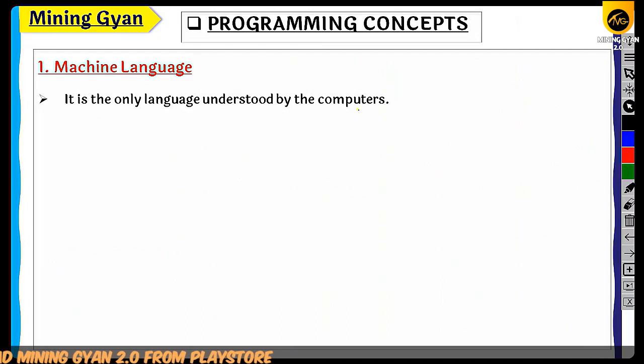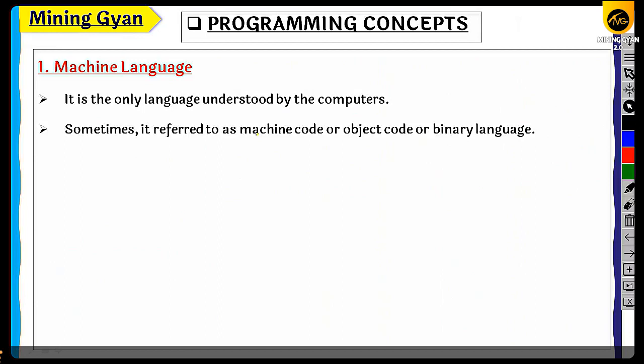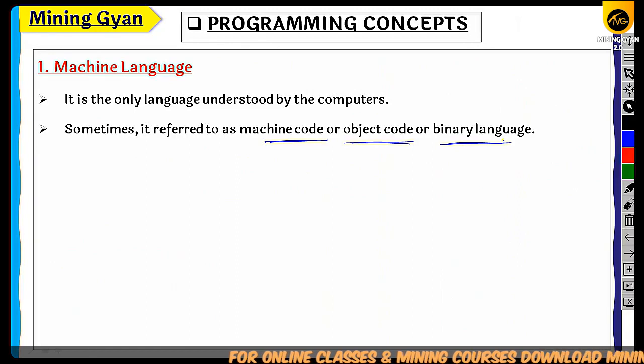The language that the computer can directly understand, that is the machine language. Sometimes it is referred to as machine code, object code, or binary language. Binary language means it is in the form of 0 and 1, which is recognized by the machine or CPU.